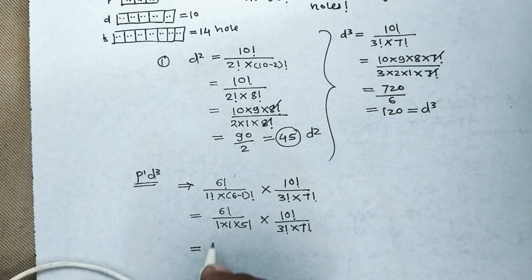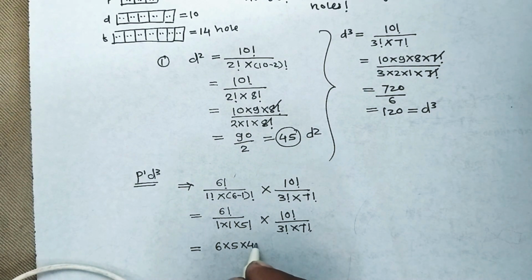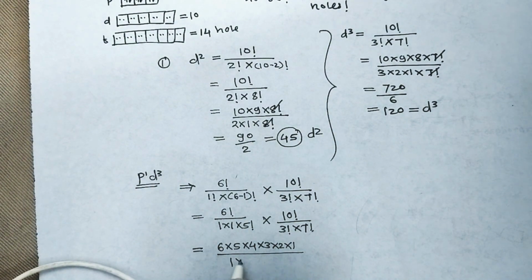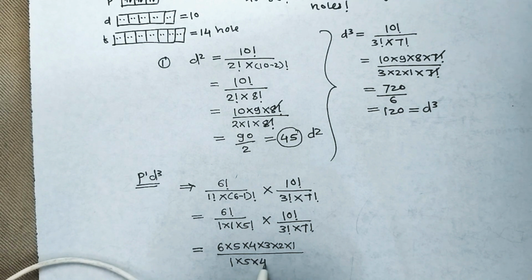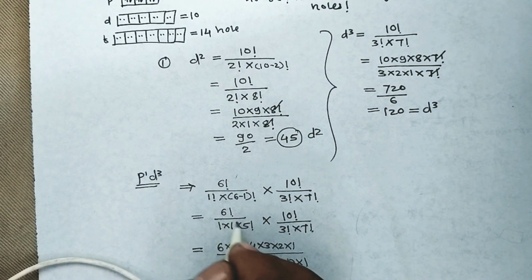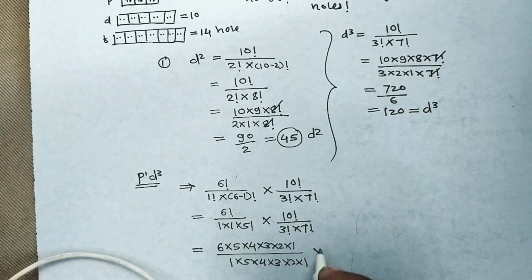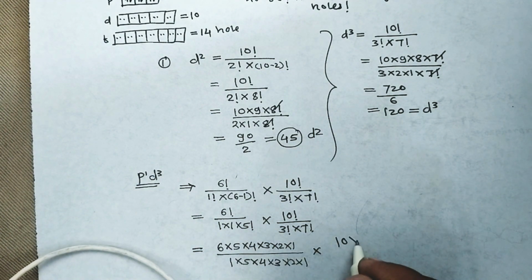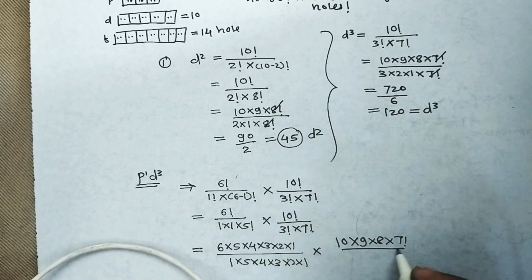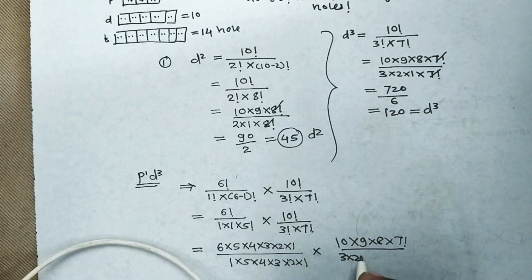If you solve this you can write 6 into 5 into 4 into 3 into 2 into 1 upon 1 into 5 into 4 into 3 into 2 into 1, or you can directly cancel 5 factorial, into 10 into 9 into 8 into 7 factorial upon 3 into 2 into 1 into 7 factorial.